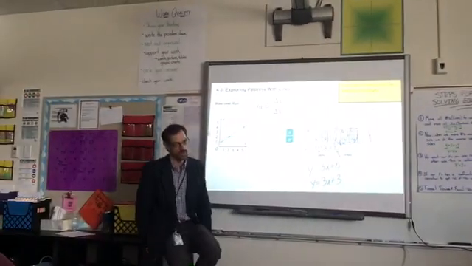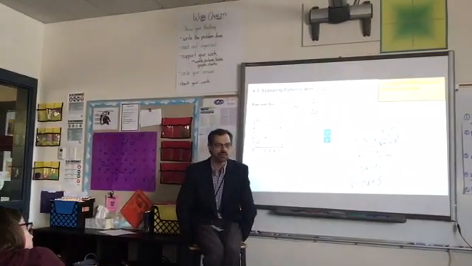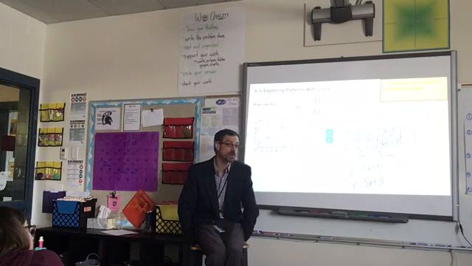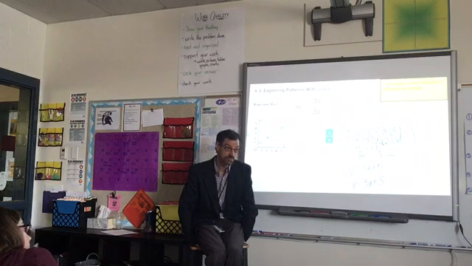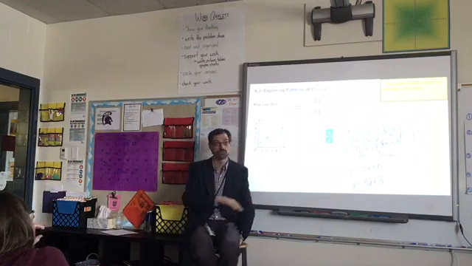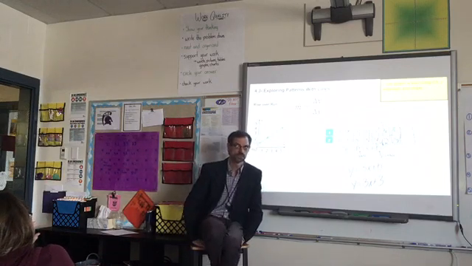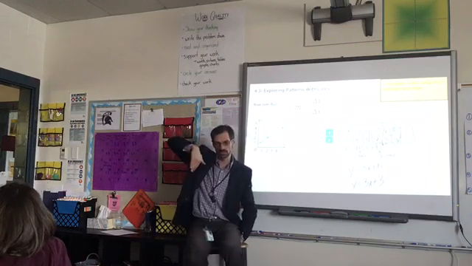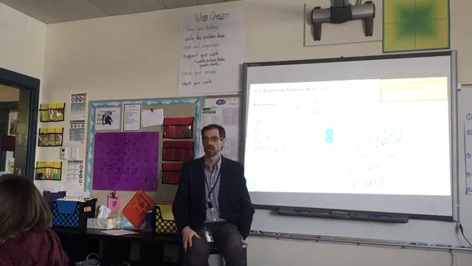Sometimes if it's proportional, it's 0, 0. Proportional means I put 0 in, I get 0 out. That means it goes right through the middle of my graph, with the same amount of space below as above. Any other questions?